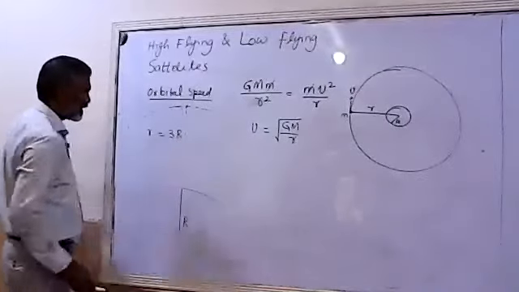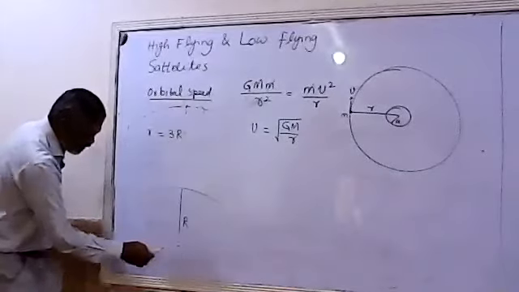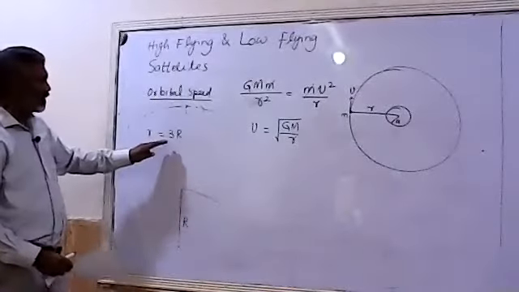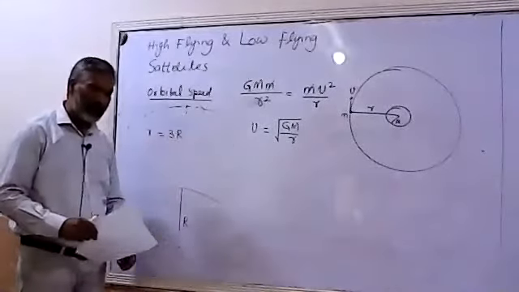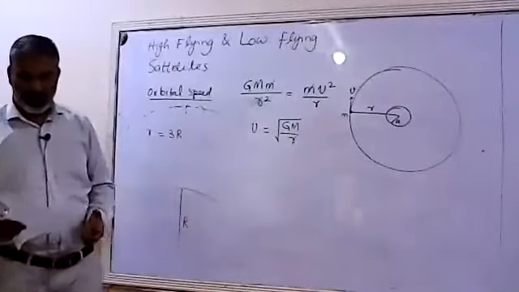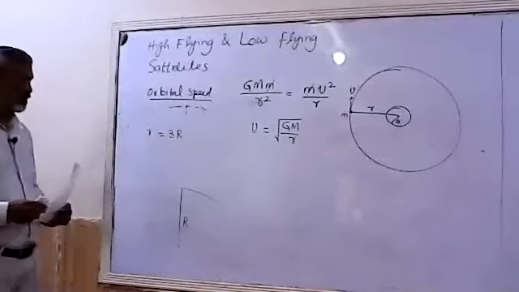This is where the satellite is. So the total distance from the center of the Earth to the satellite is 3 times the radius of the Earth. Such a satellite will be considered a high flying satellite.